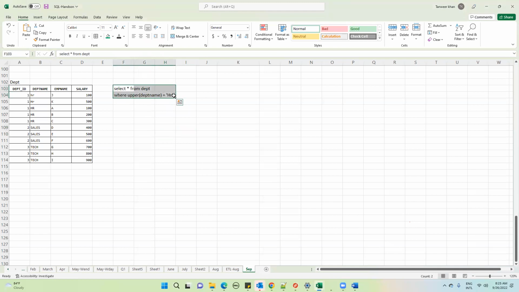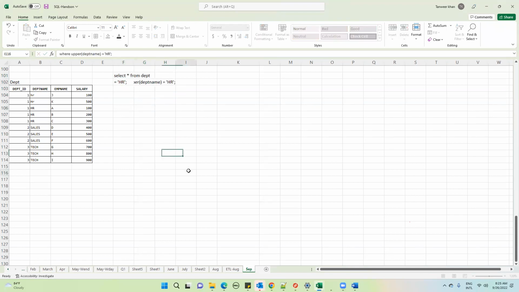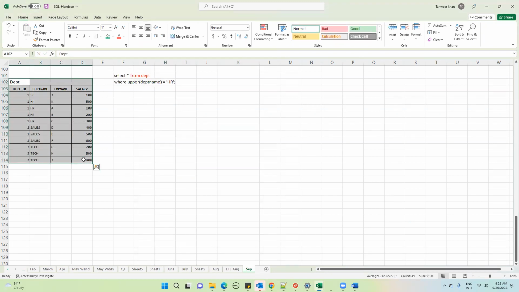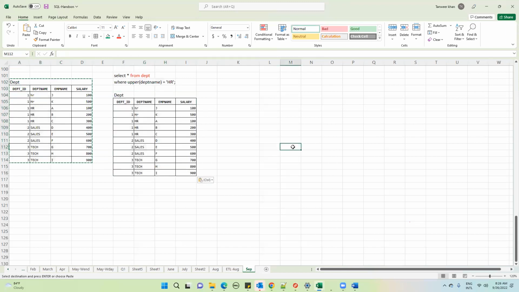Forget it if you have not understood; let's try to understand it again. I have kept HR here. Which keyword will be executed first? From. Okay. From will be executed first. It will make a copy of this, right? It will keep it here. Any questions so far?